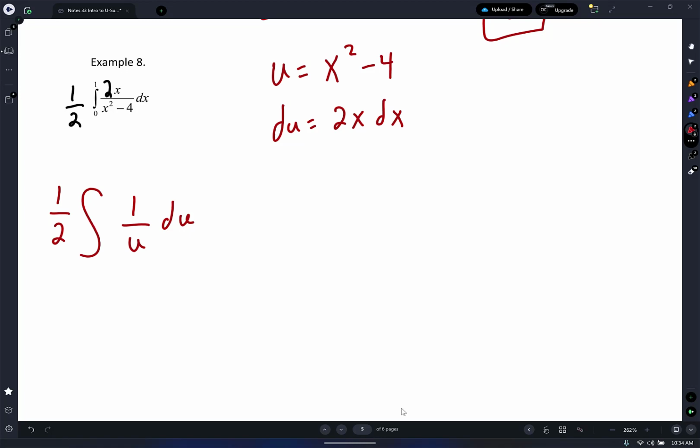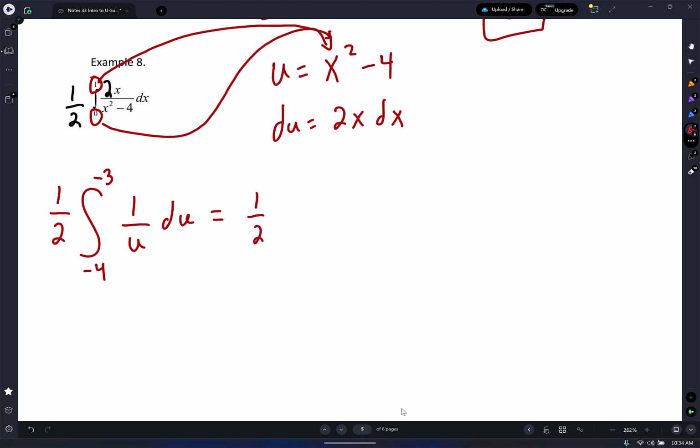Here we go. When x is 0, what is u? So put a -4. When x is 1, what is u? 1 squared is 1. 1 minus 4, -3. Are we still okay? Don't worry, guys, we're okay. All right. Here we go. I put the 1/2, and I write ln.